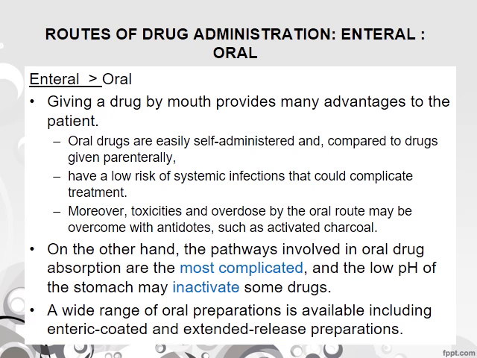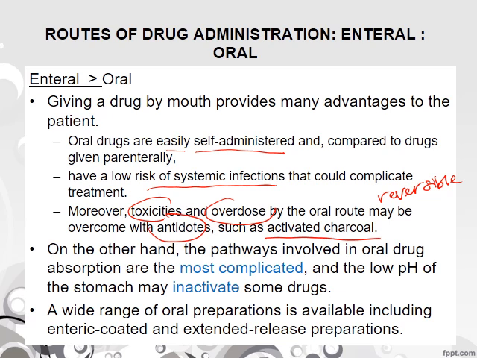When the drug is given orally, it is easy for self-administration as compared to an injection, where you need trained personnel, for example nurses and doctors. Also, it has a low risk of systemic infections, and moreover, the toxicity and overdose caused by the oral route can be reversed by using an antidote or activated charcoal.